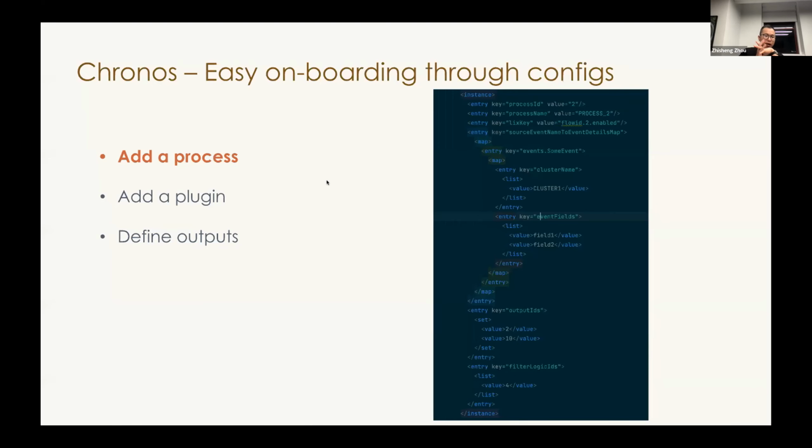Because of this design, the onboarding is really straightforward. All the onboarding is done through configs. As you can see here, if we want to add a process, we just need to specify what events are consumed by this process, give it a unique name, and define the output.